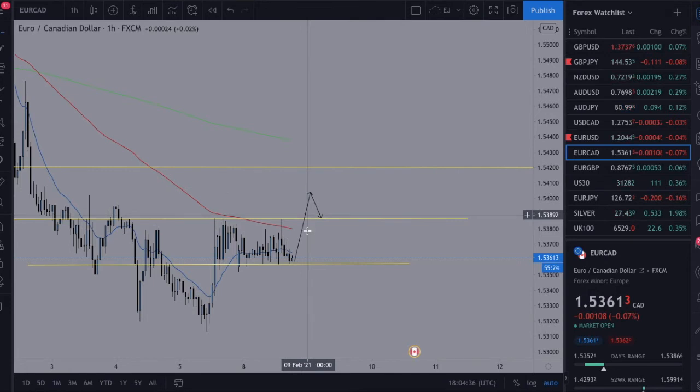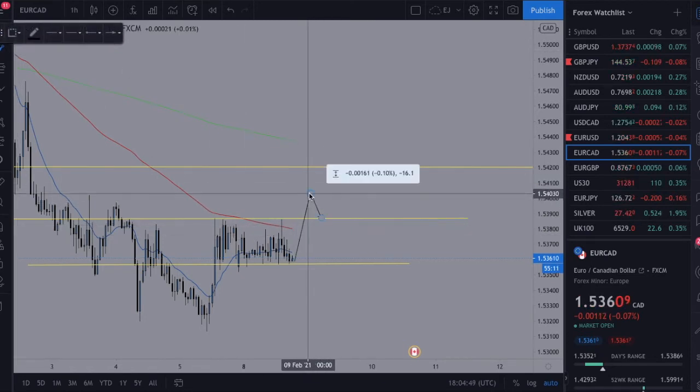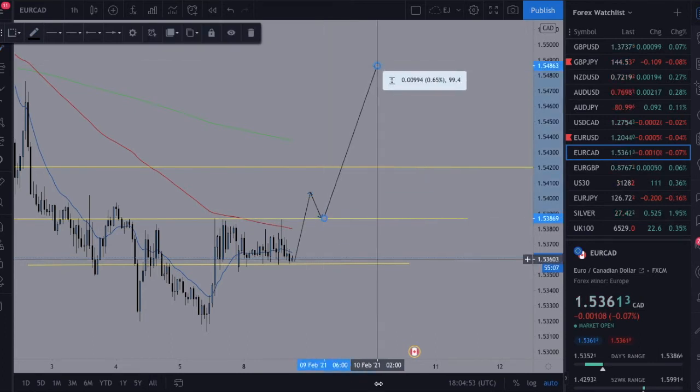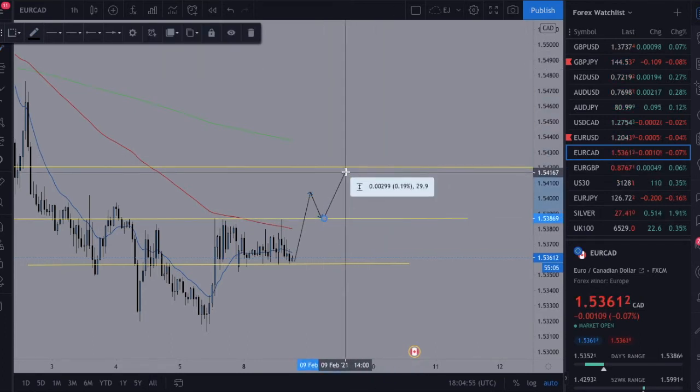So resistance has been broken, and that resistance line has now changed to support, and this one has become our resistance line. 9 times out of 10, once we break resistance, we'll come back down to test it as a support level before the continuation to the upside.